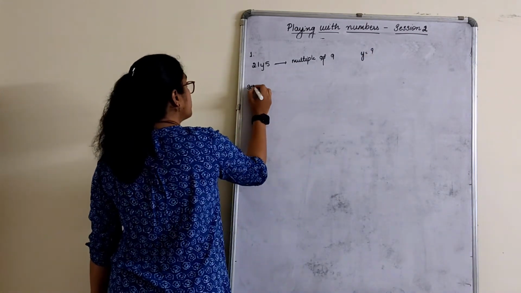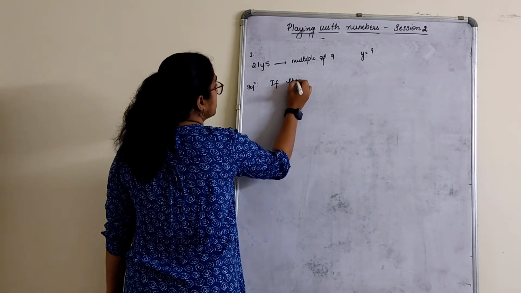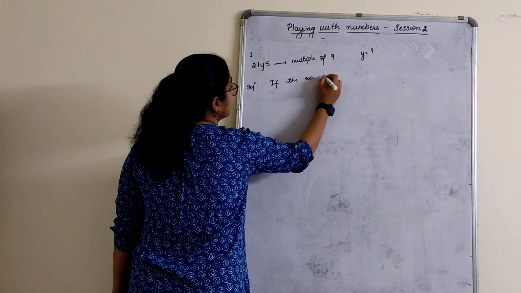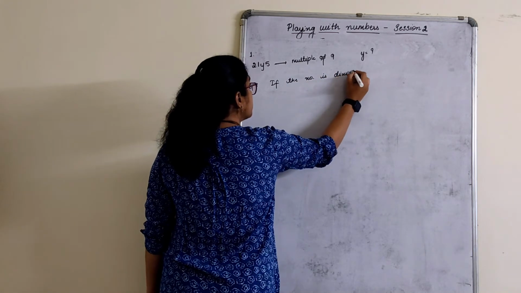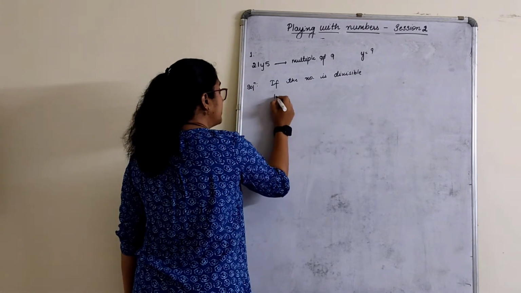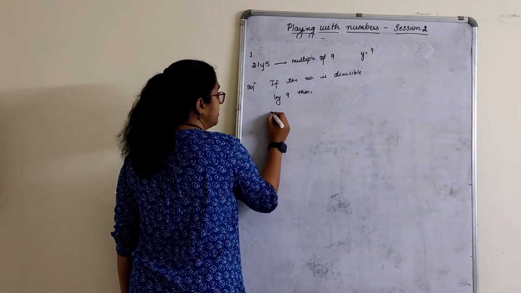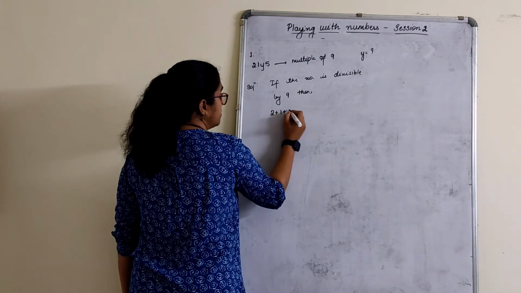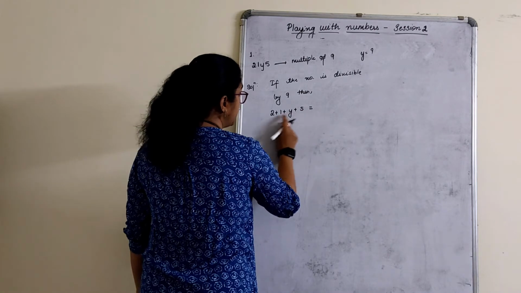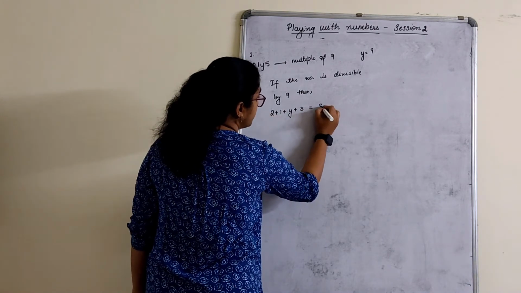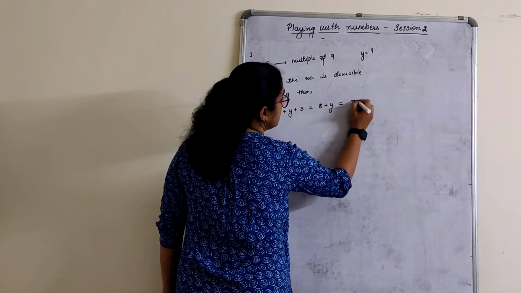Solution. If the number is divisible by 9, then 2 plus 1 plus y plus 5 is equal to 5, 6, 7, 8. 8 plus y should be a multiple of 9.